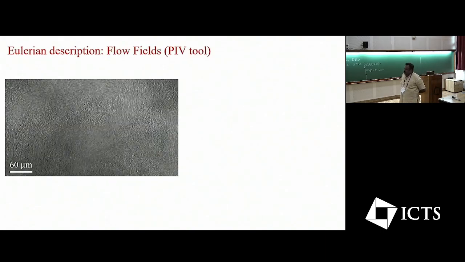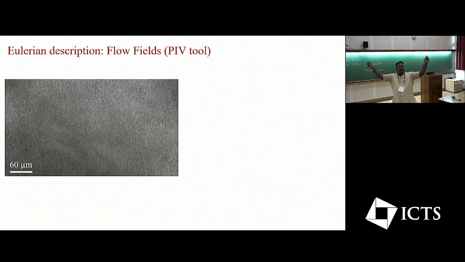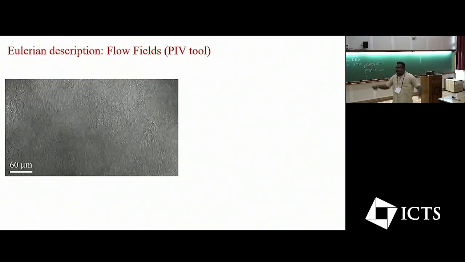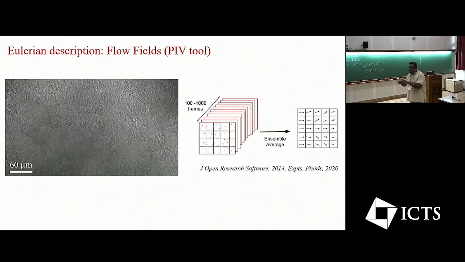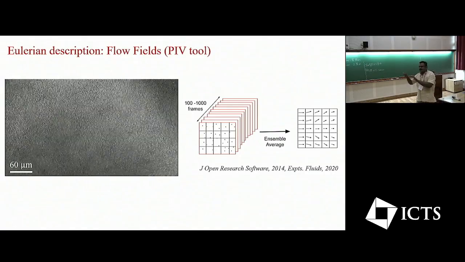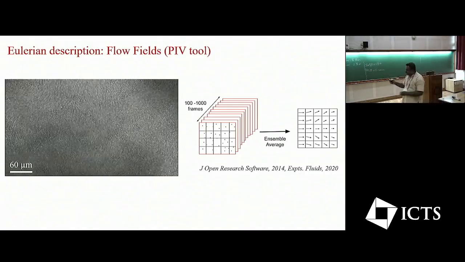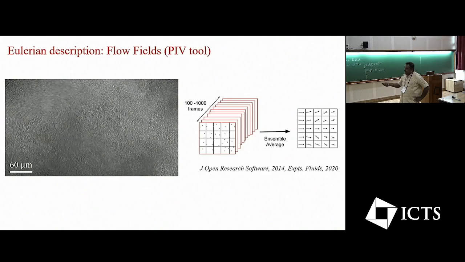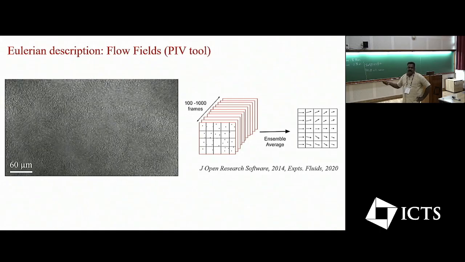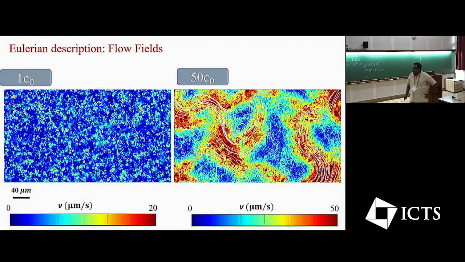Now we can remove all the particles and only look into the fluid flow, and track the fluid flow velocity by simple PIV kind of tools. I'm not going to describe it in more detail. We can get the flow velocity at each and every pixel, and that's what I'm showing you here for the same two concentrations, very low concentration of bacteria and very high concentration of bacteria, and the heat map shows the velocity at those positions.